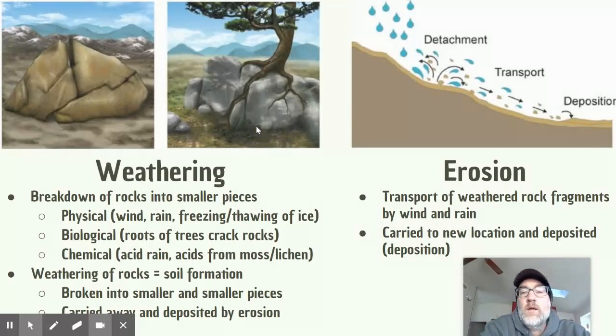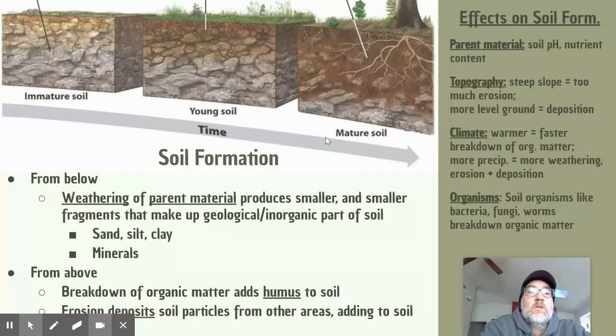Eventually, it's carried away, transported by wind or rain, and then it's deposited at a new location. So, soil formation. Hopefully this reminds you visually a little bit of succession when we talked about how primary succession starts. It's pretty much the same process.